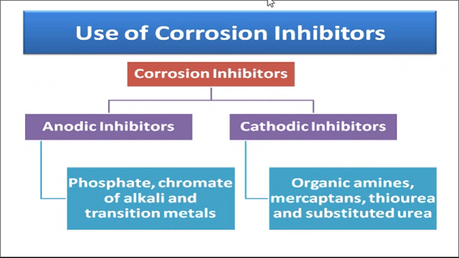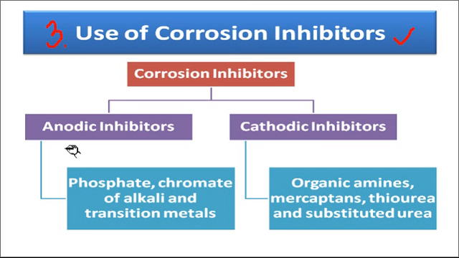Third important point to minimize corrosion is the use of corrosion inhibitors. Basically, corrosion inhibitors are the substances which are used to minimize the rate of the corrosion reaction. As we discussed in detail the mechanism of corrosion in our previous classes, we know that the corrosion reaction involves basically two types of reaction.